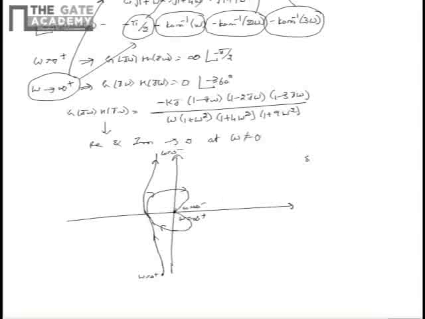Also, due to the s term, the Nyquist plot makes an angle of -π in counterclockwise direction, that is π in clockwise direction. This is from ω = 0⁻ to 0⁺. So from this we can say that the Nyquist plot of the control system can be obtained as shown in the figure. Hence, the correct option representing the Nyquist plot of the control system is A.